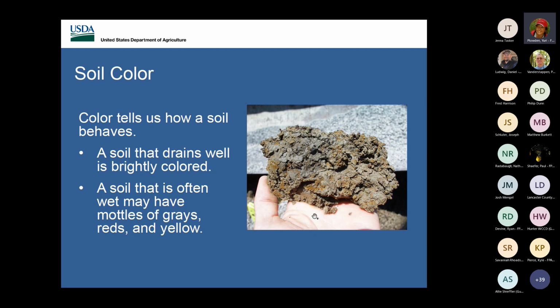So that's what gives anaerobic soils this characteristic redox blotchy look of grays and oranges. If you dig a hole and you pull this out, you are in a soil that at least at one time was hydric or a wetland. It may not be a wetland now because it was drained or manipulated, but at one time it was a wetland.